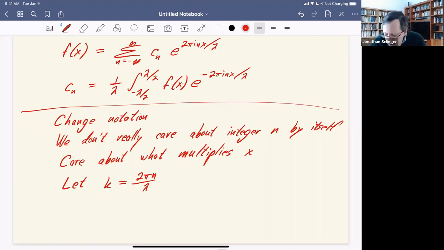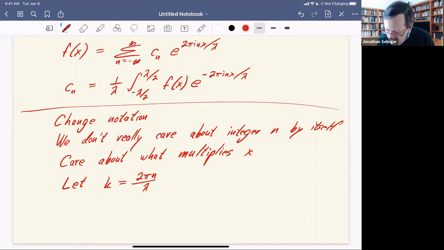And then I'm going to rewrite everything that I have so far in terms of k instead of n. I'm going to get rid of the n's and put in k's instead.